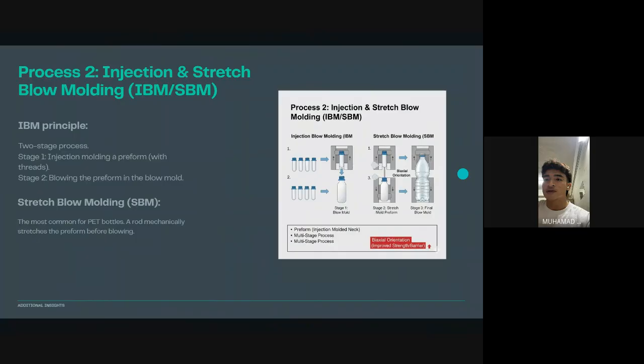This step achieves biaxial orientation of the polymer chains, and it will improve the final product's physical properties like higher strength, better clarity, and superior gas barrier properties. This is all very essential for keeping the soda fizzy. This engineering technique elevates the simple process to a high performance material system. Okay, next.